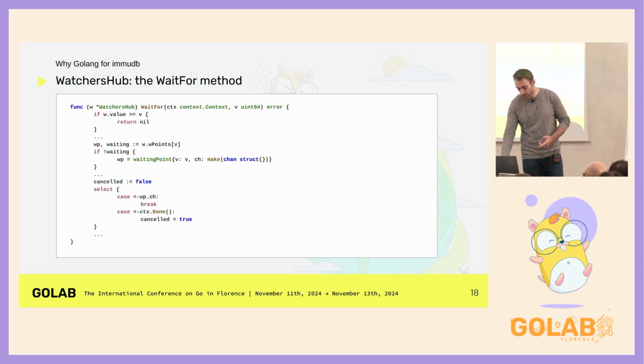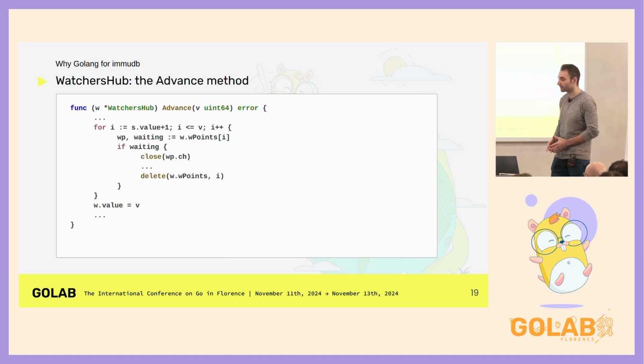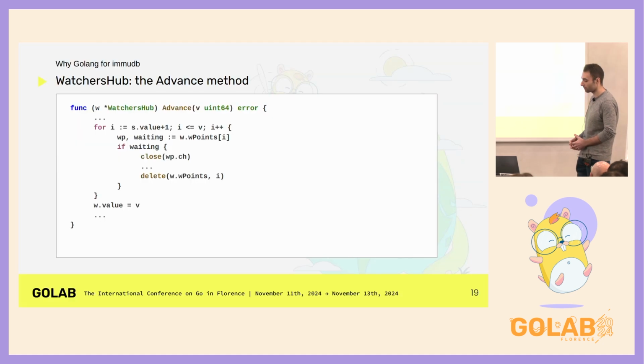And actually, closing a channel is quite useful here, because without forwarding any value, so without adding any additional overhead, we can get all the coroutines to wake up at once. And also, each new coroutine trying to wait concurrently on the channel, once it's closed, immediately awakes.